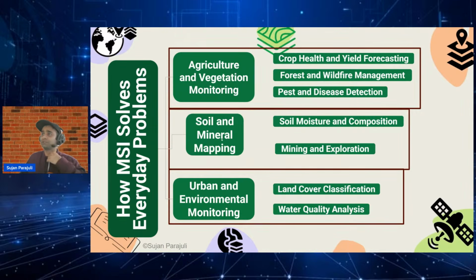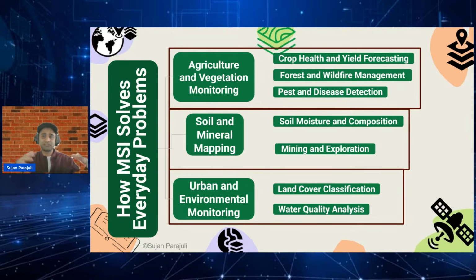It is also used for soil and mineral mapping, like mining and exploration, and also water quality analysis. Let's say we have a lake and you want to calculate the harmful algal bloom in that area. From remote sensing, it collects data in the near infrared band, red band, and other bands, and then we have different indices. For this we use NDCI, the normalized difference chlorophyll index.